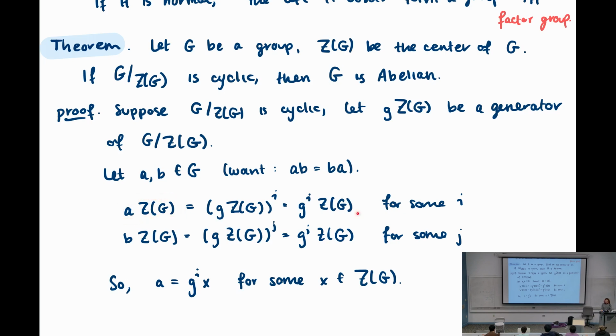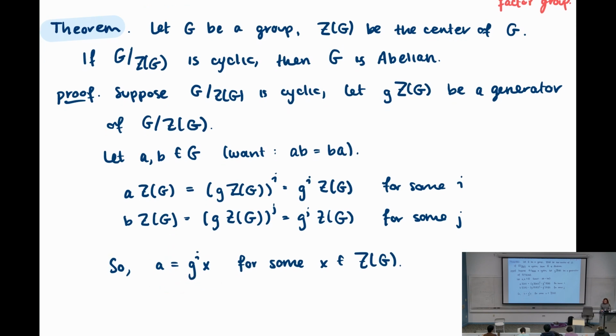So that means that a must also be an element of the set on the right-hand side. And everything on the right-hand side is of the form g^i times something in the center of the group. So that means that there is a way to write a as g^i times something in the center. And similarly, we have a way to write b as g^j y for some y in the center.